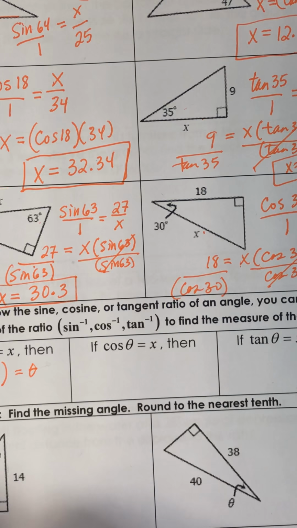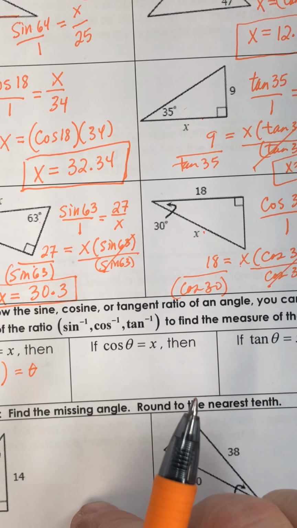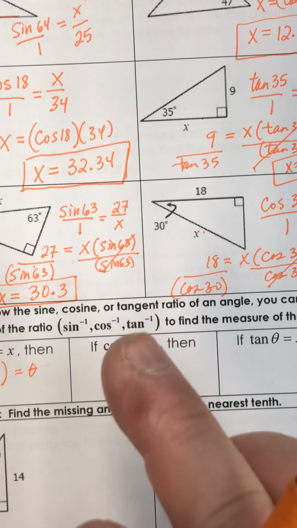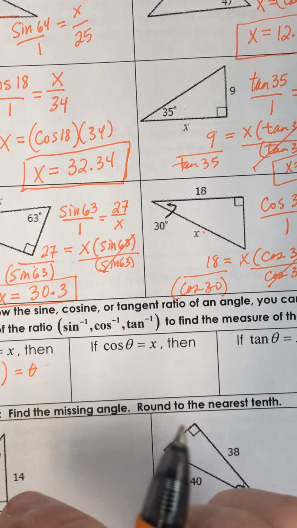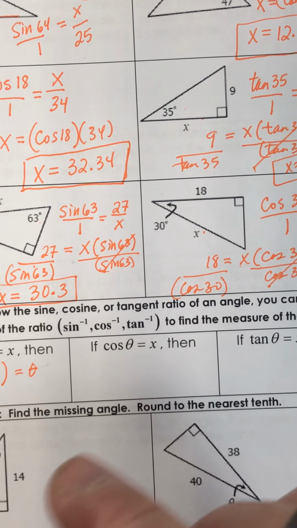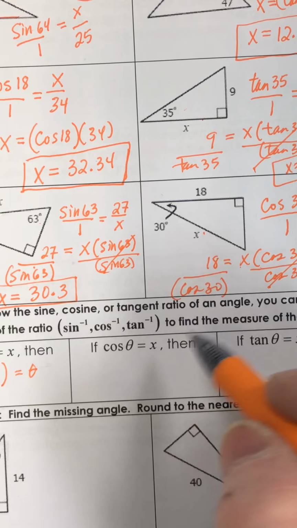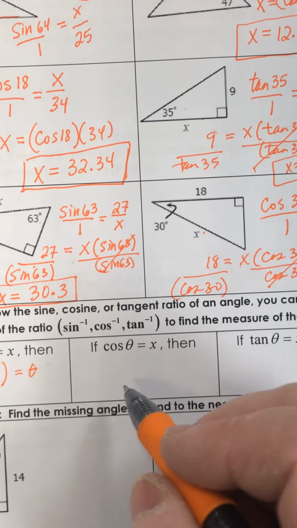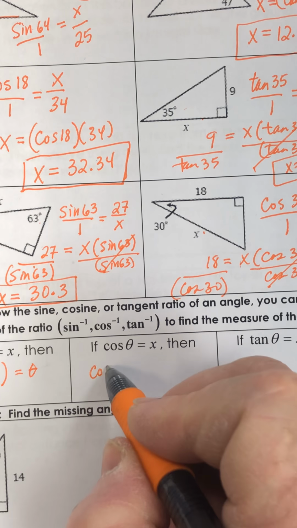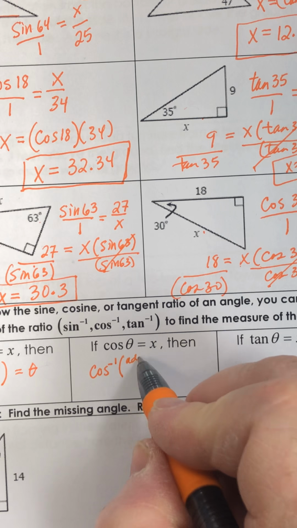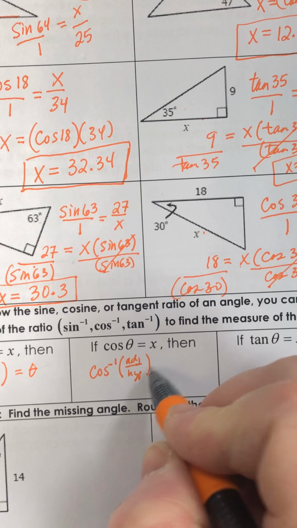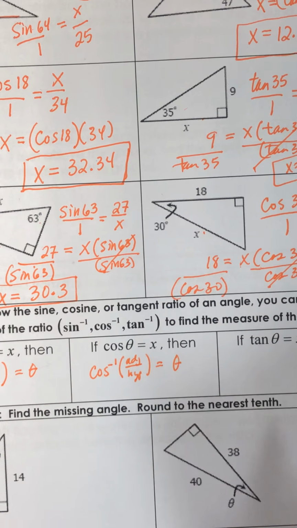If you look at your calculator, if you do the second function sine, you'll see sine to the negative 1 power. Second function cosine, you'll see cosine to the negative 1 power. Second function tangent, you'll see tangent to the negative 1 power. So that's where you're going to find this. So if we did the inverse of the cosine, that would be the adjacent side over the hypotenuse. That's going to equal my angle.